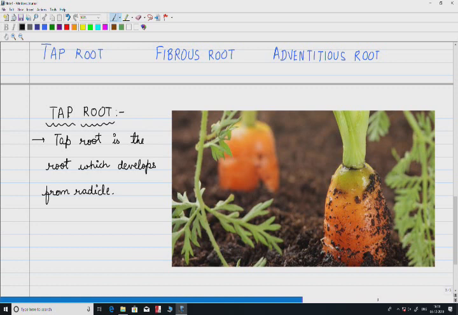And one more thing, taproot is a characteristic feature of dicot plants. Taproot is generally found in dicot plants.